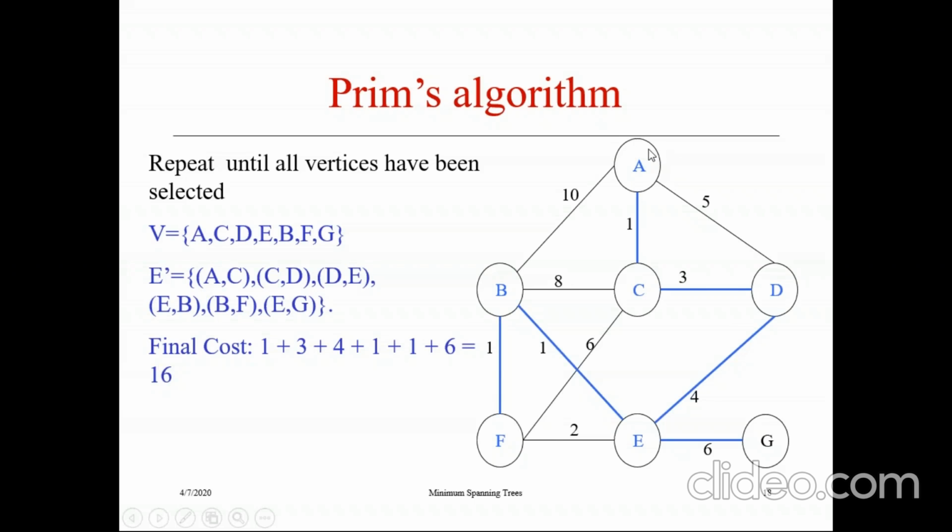Starting from the starting vertex A to reach the ending vertex G, we have utilized the cost 16 through Prim's algorithm. Hope you understood this algorithm.